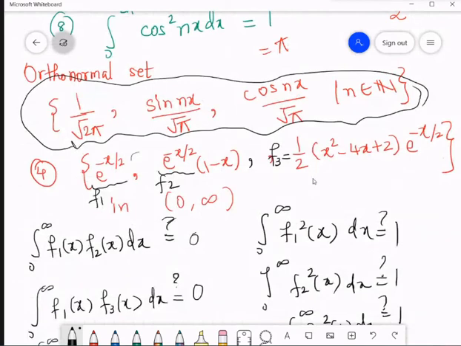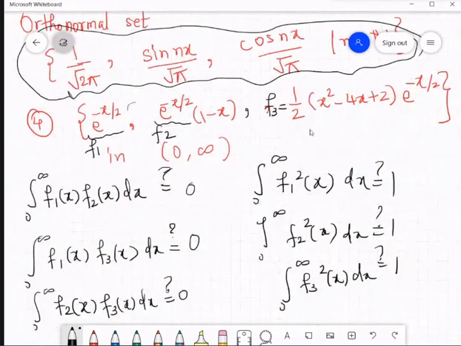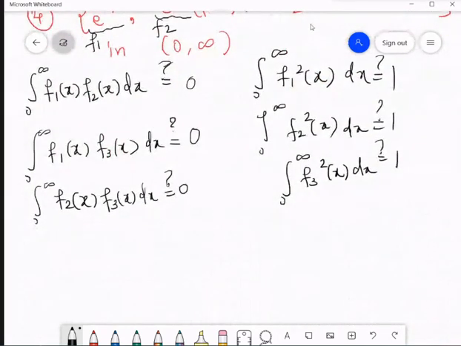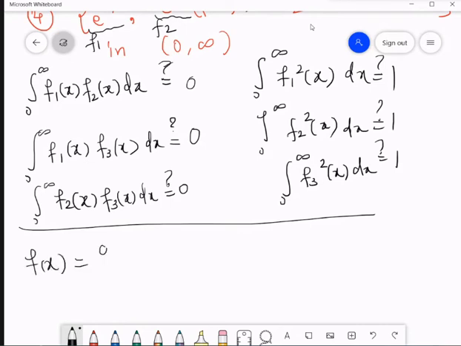Because of the Fourier series expansion. How do we write down the Fourier series? Fourier series is nothing but f of x is equal to a0 by 2 plus summation of an cos nx plus bn sin nx.